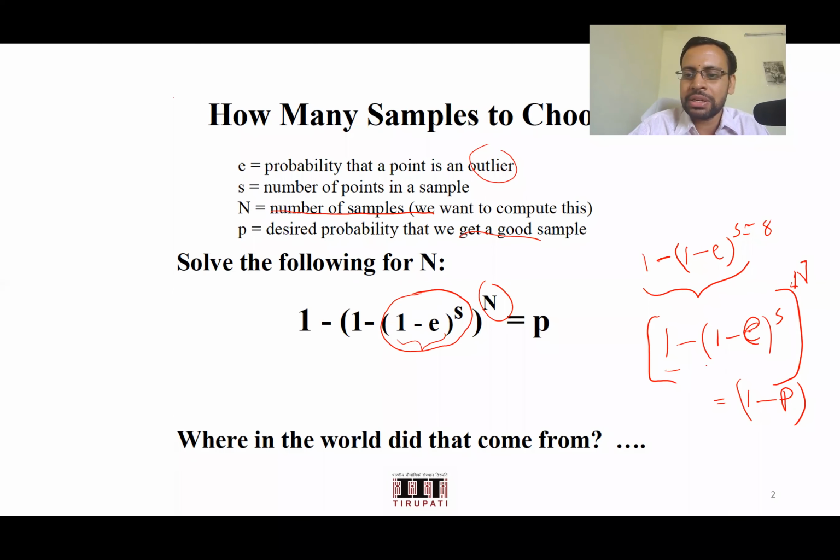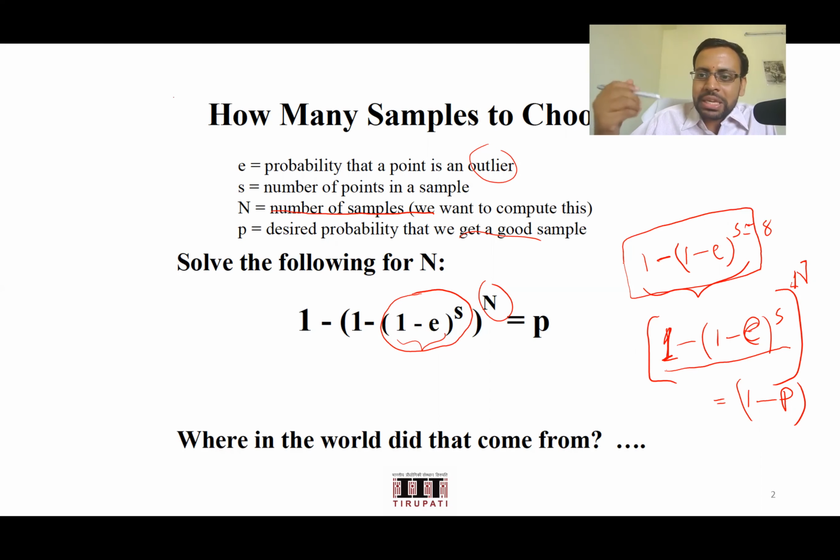The only exception is all being inliers. Out of all the rest of the cases, you subtract it from 1, the maximum probability. That gives you the probability that among the S points you picked, there is at least one outlier. Is it clear so far?